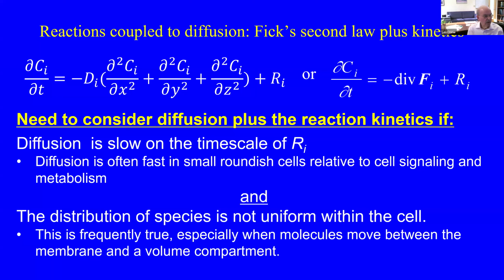If a membrane is involved in the model, then you can be pretty sure that the system is not uniform. So if there is a stimulation at a membrane and that triggers reactions in the cytosol, then it might be necessary to solve for diffusion and to do this full reaction diffusion system.